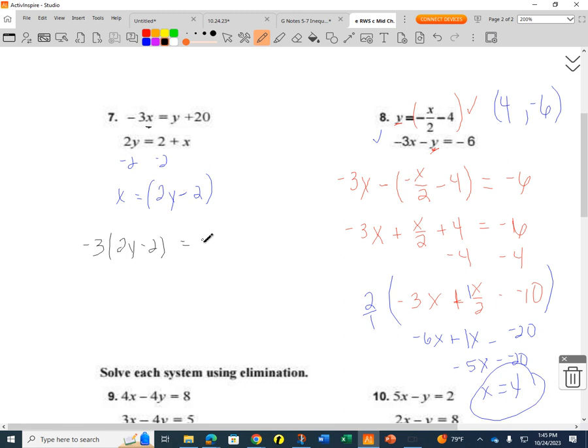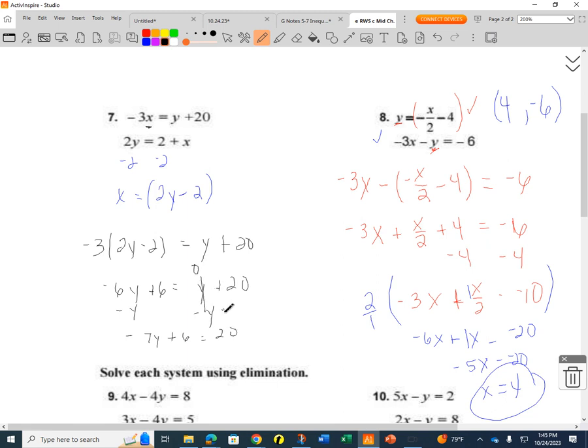So now I'm going to distribute and get the y's on the same side. So now I have negative 7y plus 6 equals 20, right? Because that went to 0. Subtract 6 from both sides.